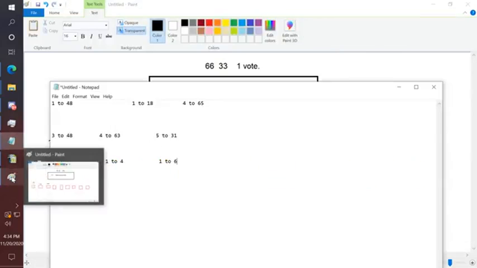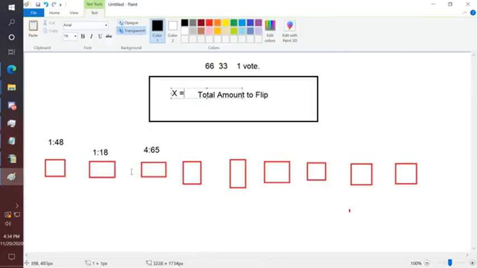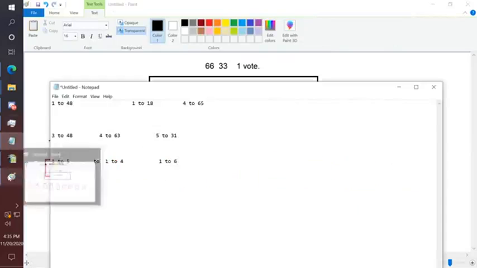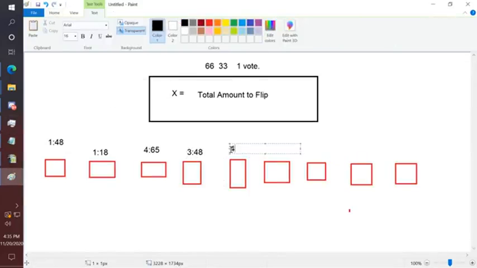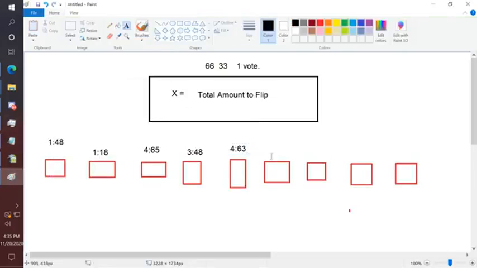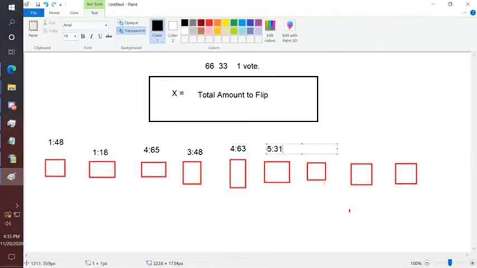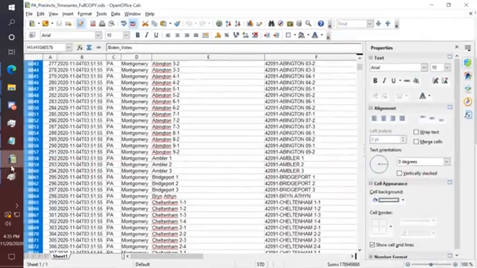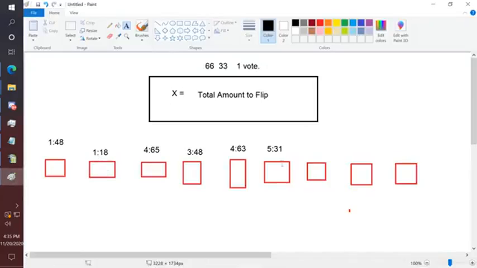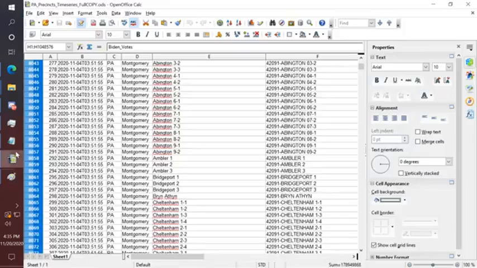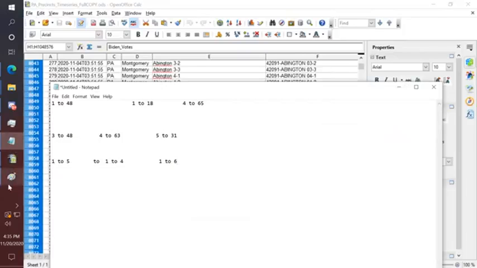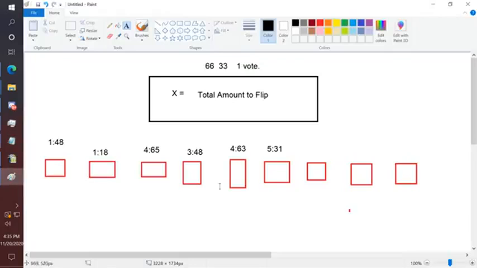Actually, we'll just read them off. 3 to 48, 4 to 63. And this wouldn't be very hard for a computer to do. 4 to 63. 5 to 31. I purposely didn't want to make them the same size. I just sort of dragged the cursor because they're not the same size in reality either. 1 to 6, 1 to 5, 1 to 4.